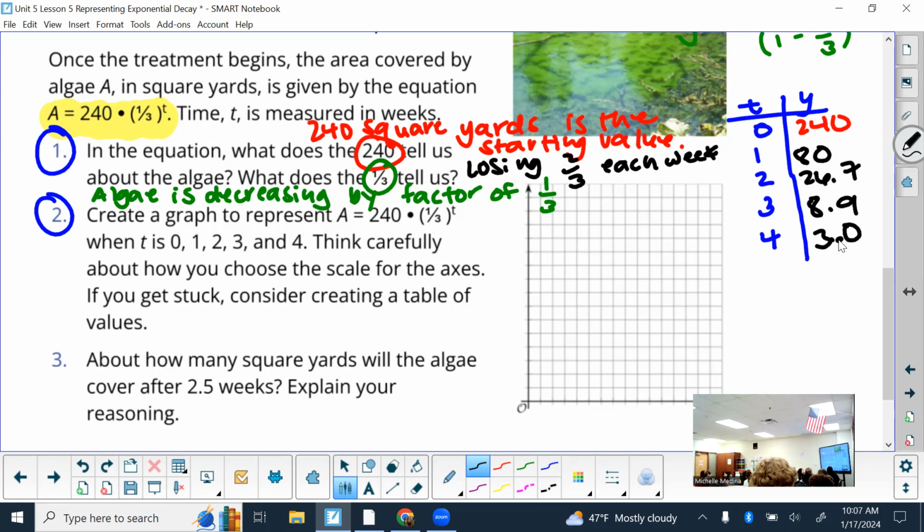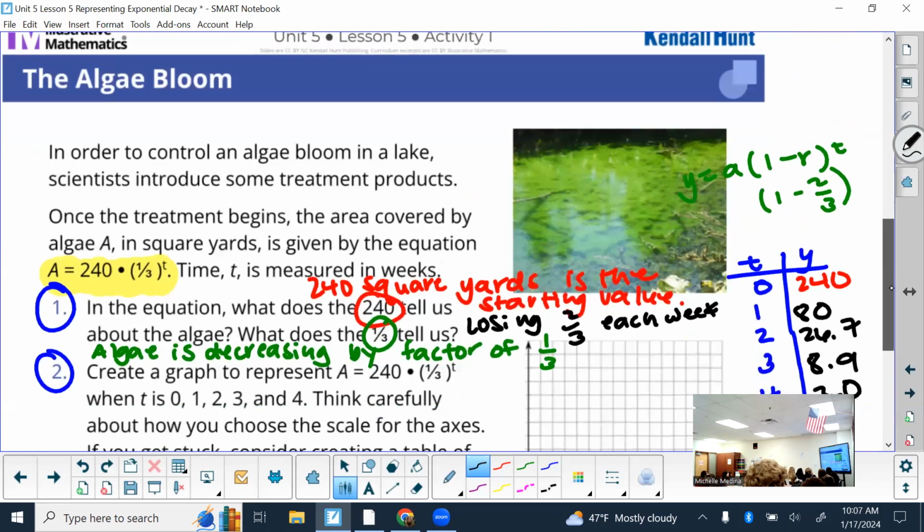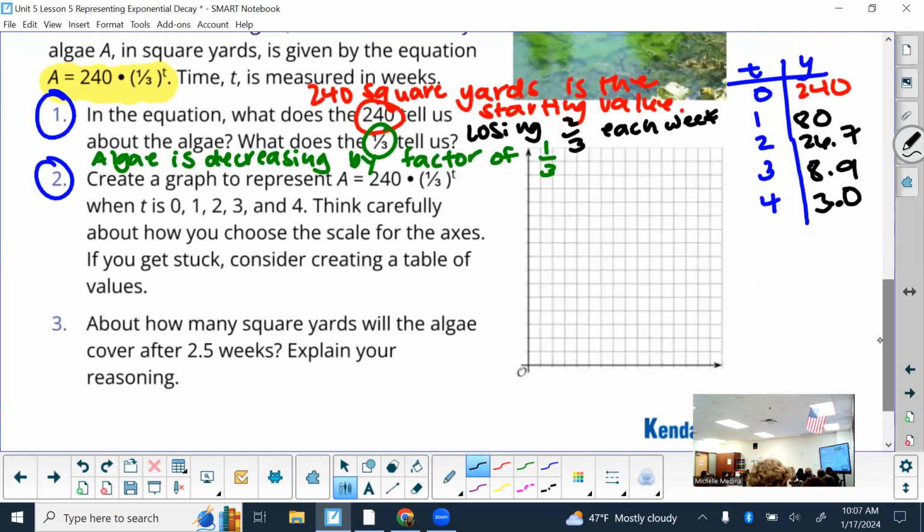Now we're going to make the graph. So what should go on my x-axis? What is the x representing? Time in weeks. And look at our table of values, that'll determine how we scale it.